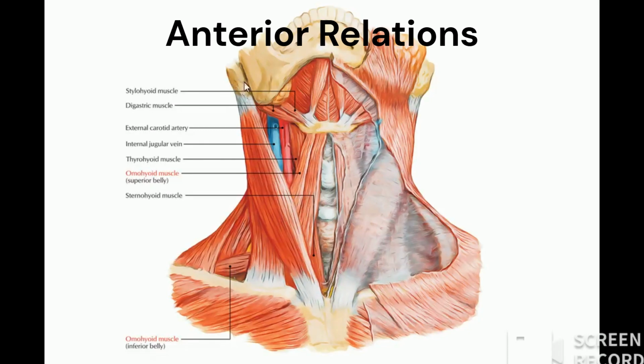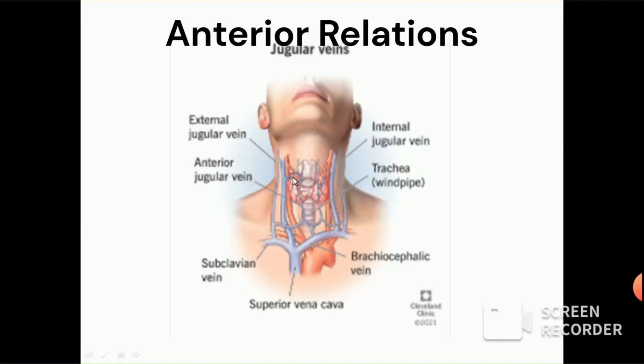You can see here, this coming from the mastoid, inserting into the sternum and into the clavicle. This is the sternocleidomastoid, which is again an anterior relation of the carotid artery. One vein which is an anterior relation is this anterior jugular vein over here. This will also be located anteriorly to the common carotid.